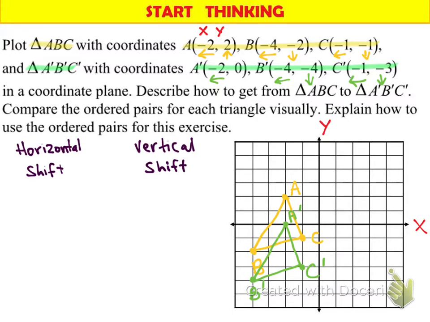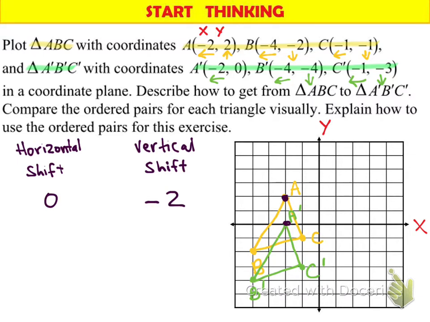So you're going to compare A turned into A prime. So did I have to shift left, right, or neither to get from A to A prime? Neither. So we're going to say it shifted 0. And then the vertical shift, did I go up or down? Down 2. So what does that look like? I went down 2, looks like a -2, right?